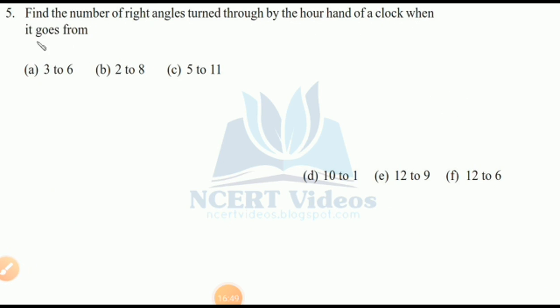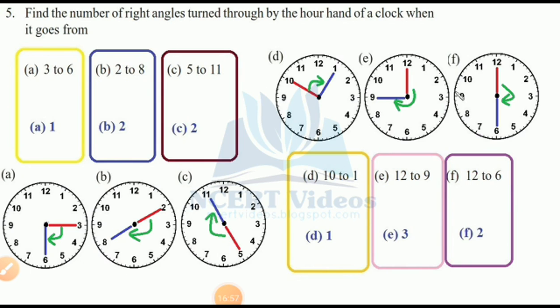Question number 5. Find the number of right angles turned through by the other end of a clock when it goes from 3 to 6, 2 to 8, 5 to 11, 10 to 1, 12 to 9 and 12 to 6. All clocks are here. 3 to 6, you can see the downside. Red color 3 was there and reach on 6 clockwise. Correct? It's 1 right angle, 1 time.